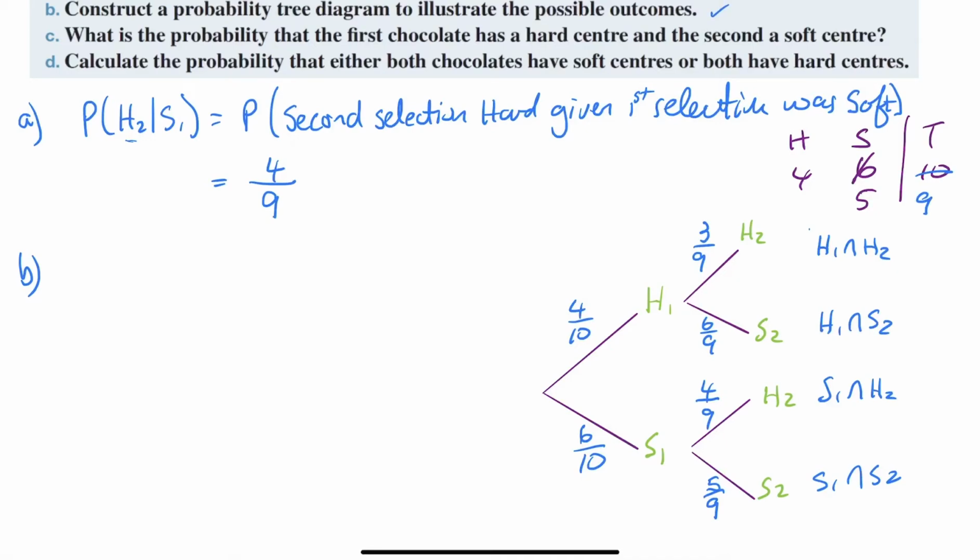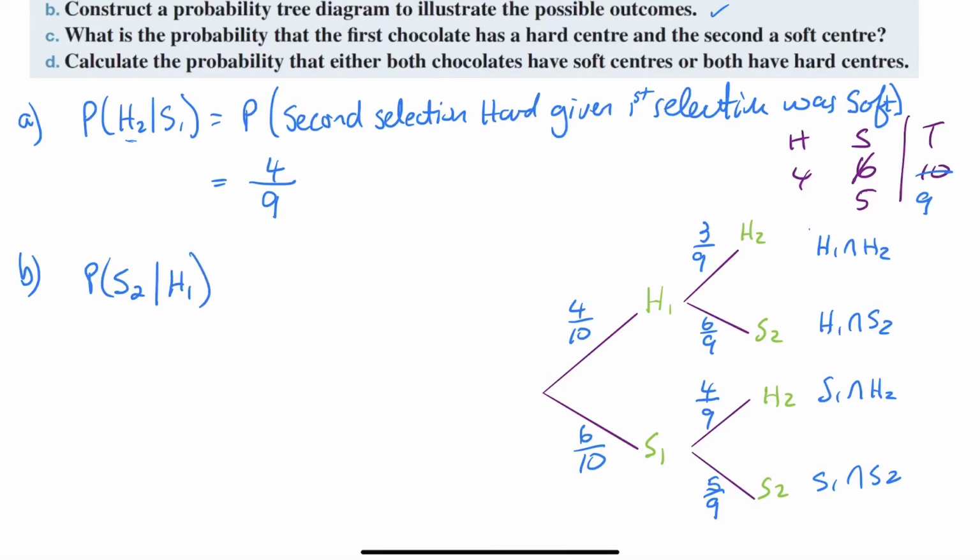The third question is, what is the probability that the first chocolate has a hard center and the second a soft center? You have to write it, you can't just write a value. The probability that the first chocolate has a hard center and the second is soft. So we're going to start with the second: the second soft, given that the first one was hard.